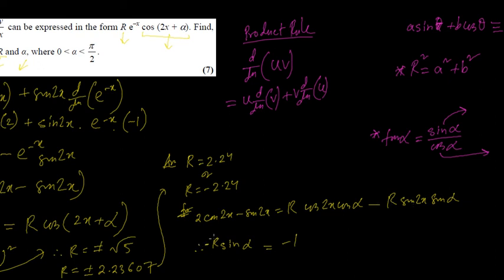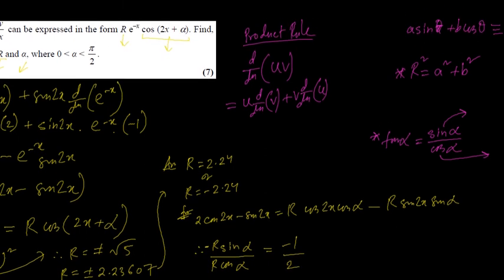So I wrote minus r sine alpha. On the other side with sine 2x you have minus 1, so I wrote minus 1. With cos 2x you have r cos alpha, so let me write r cos alpha. On the other side with cos 2x you just have 2, so I wrote 2 here.